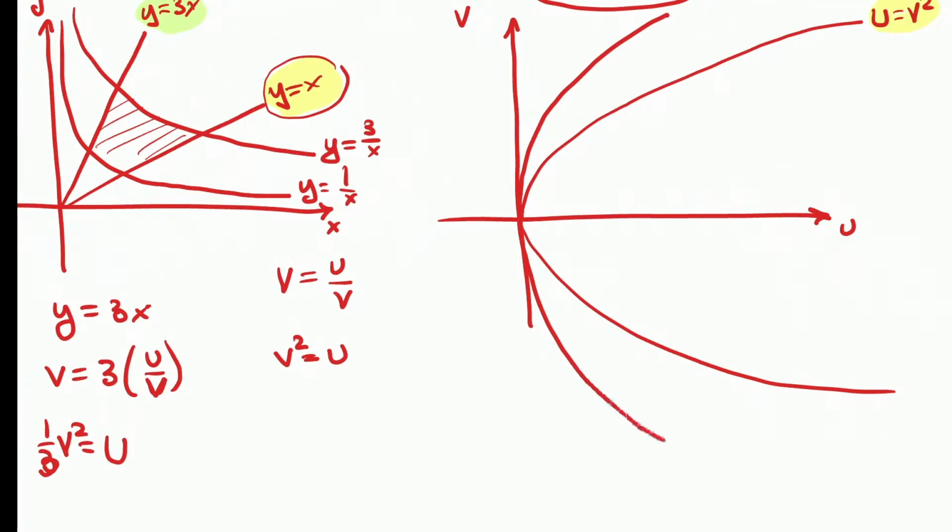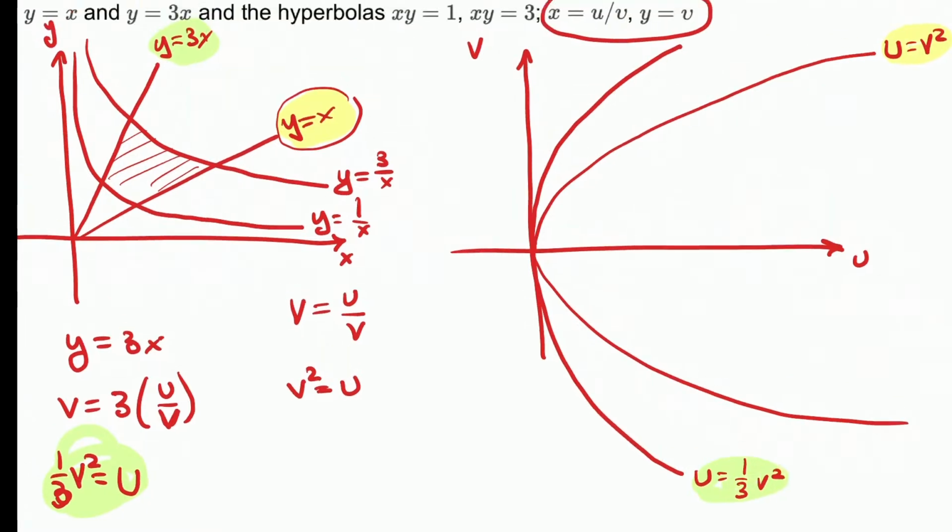It's shorter and squatter. Let me highlight that. That's this one and this one. So what this transformation has done so far is it seems like it's not helping me out. That's why I'm a little skeptical of this particular transformation, but let's keep going. What it's done is taken these nice straight lines and turned them into parabolae. Why? Maybe it'll become more obvious once we get to this next bit.